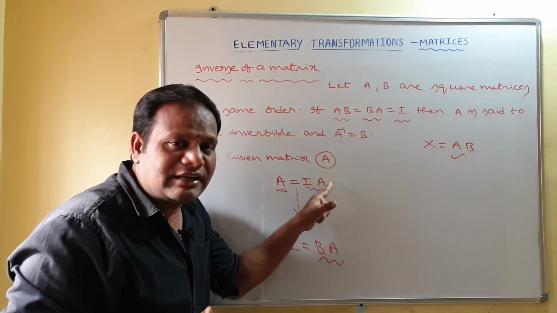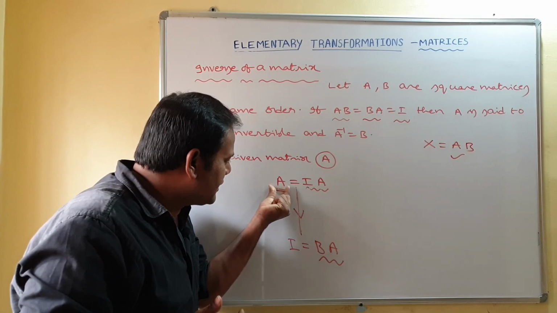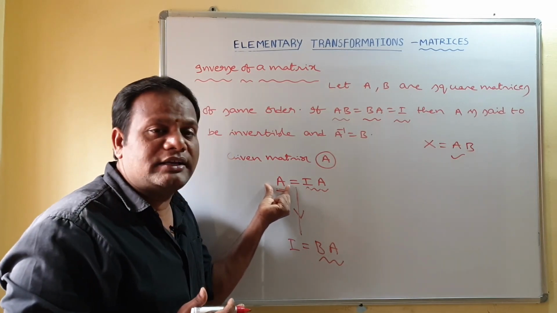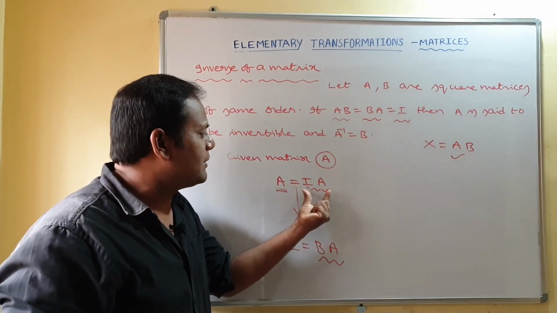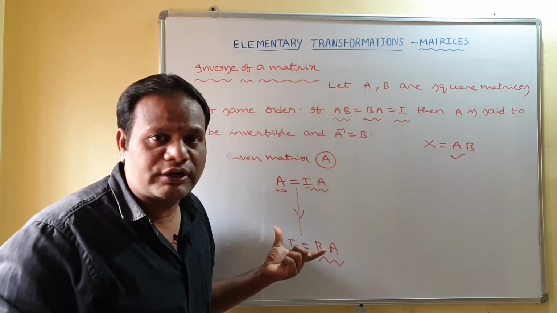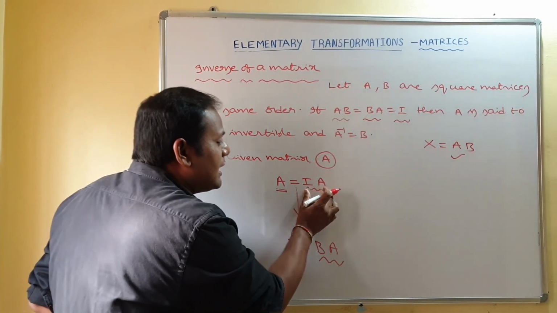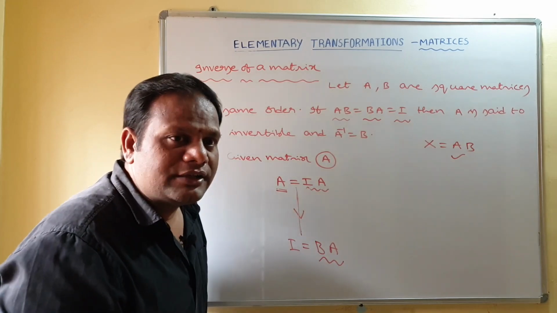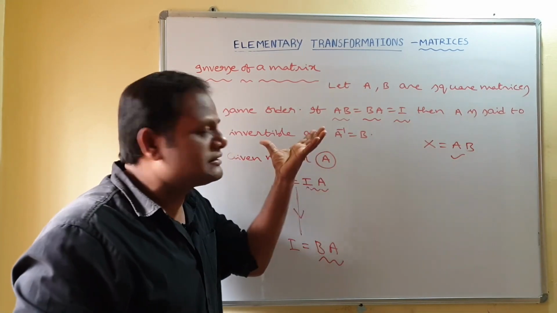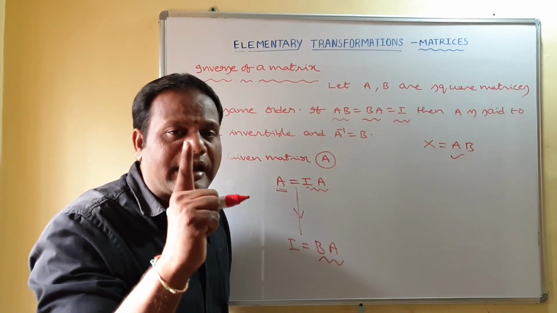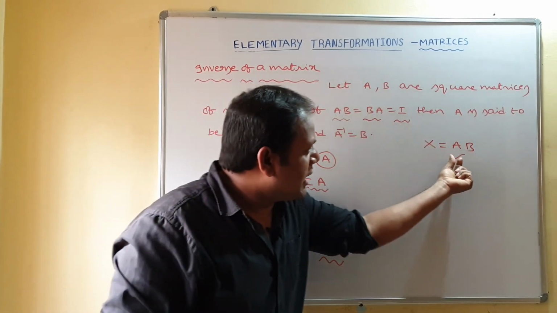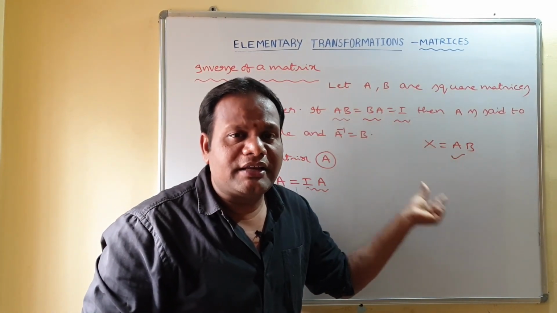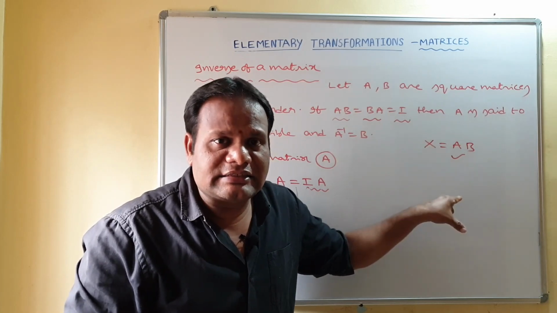But it is an equation, right? So whatever operations you apply on this matrix, you should apply the same operations on the right hand side product. But on the right hand side, you know that we don't apply the operations on both; on only one matrix we apply. So on what matrix do we apply elementary row transformations on the right hand side product?